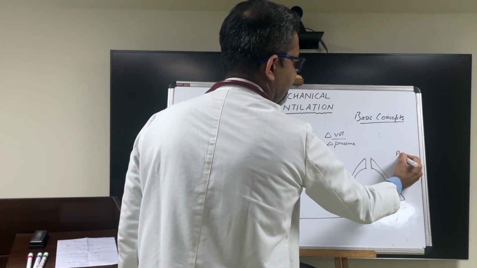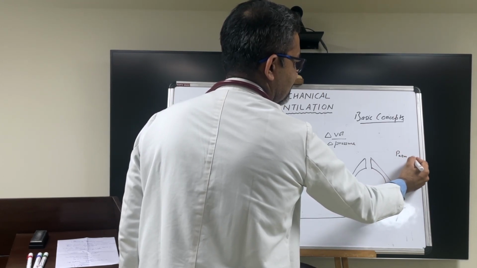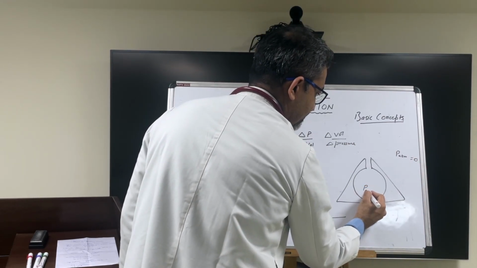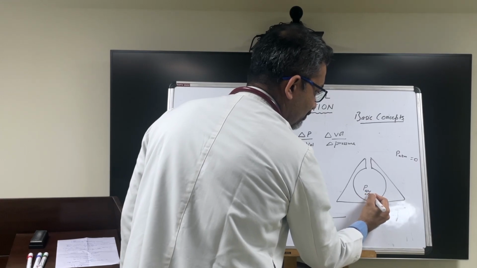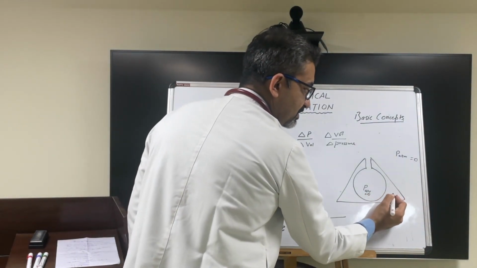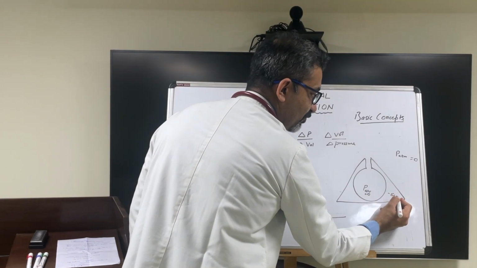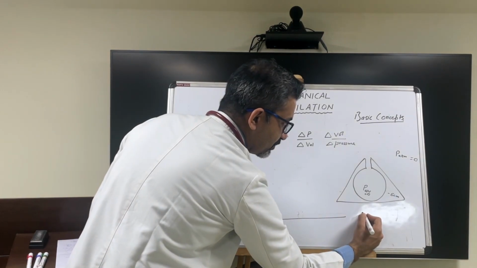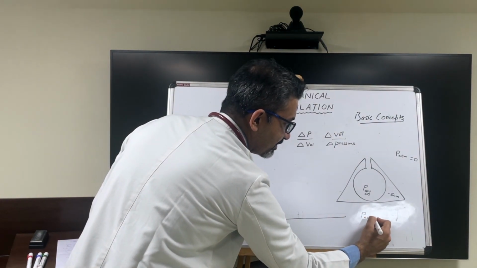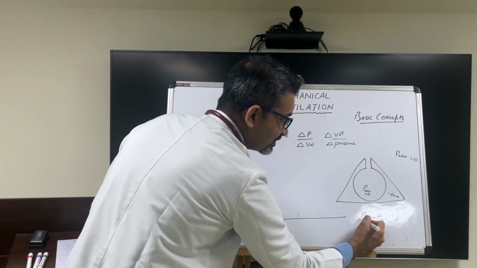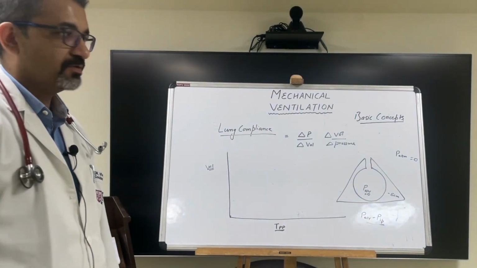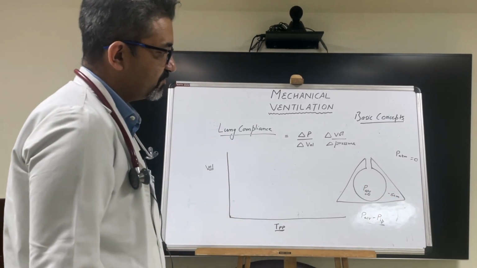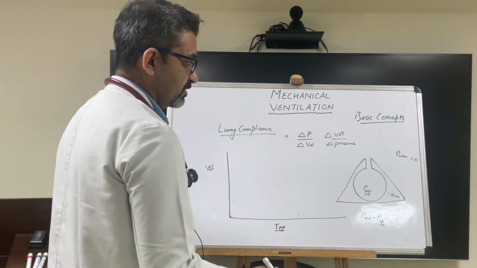So this is your P atmosphere, suppose it is 0 at rest, or by convention. This is your alveolar pressure, P alveoli. It is also 0. There is -5 centimeters of water of intrapleural pressure. So the difference of alveolar and intrapleural pressure is known as transpulmonary pressure.